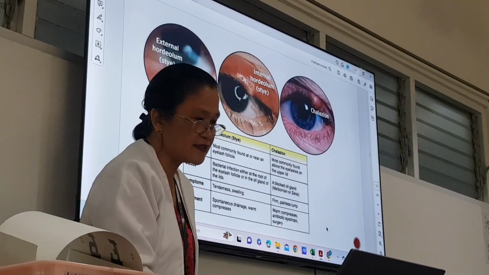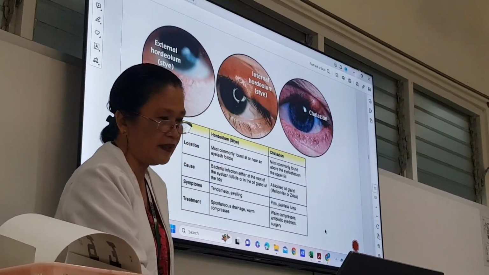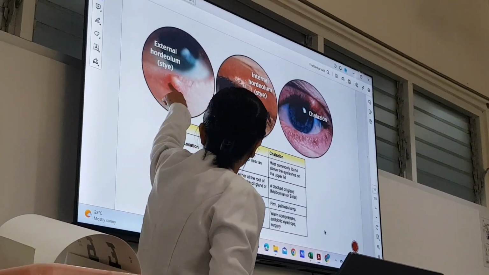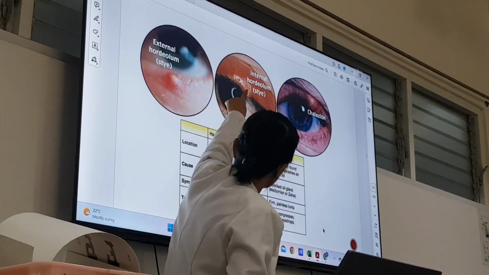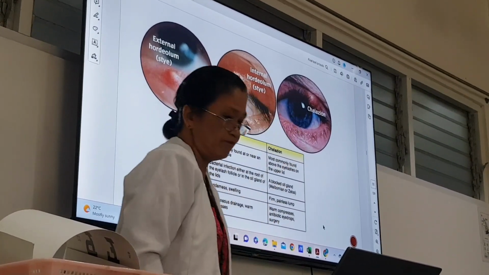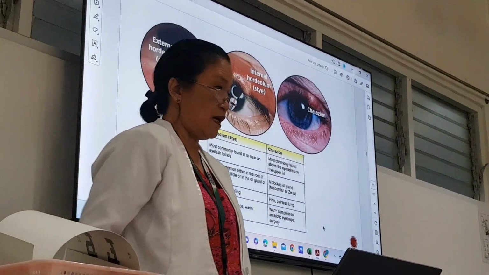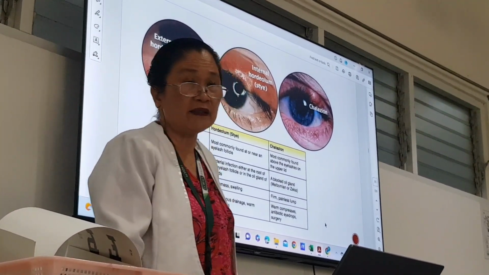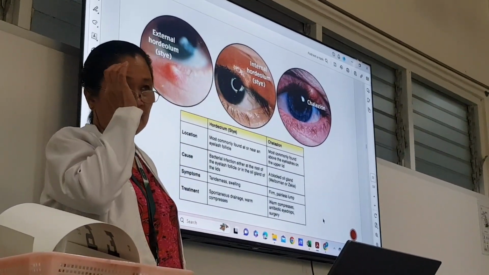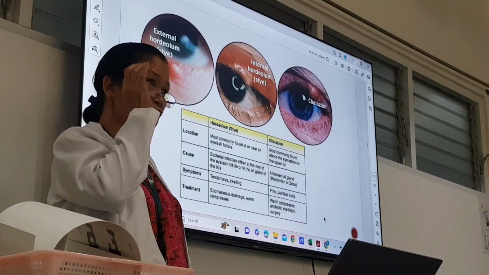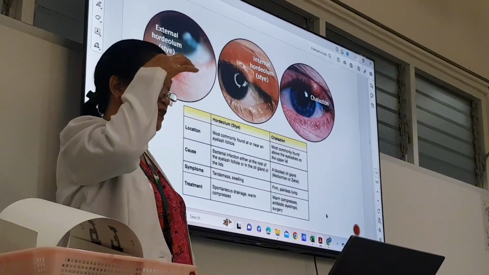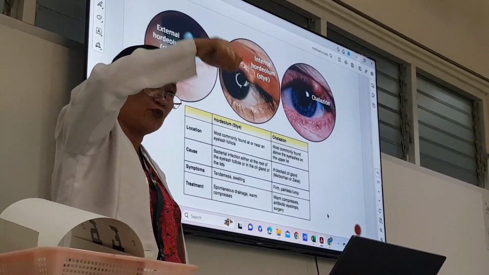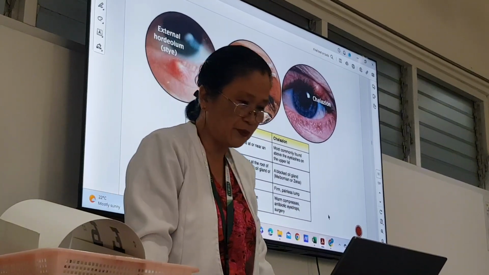And your external sty, or internal sty, at the lower lid. Then chalazion. It is painful if they move it, because it is encapsulated. They anesthetize first, and then curette it. It is painful around the eye.